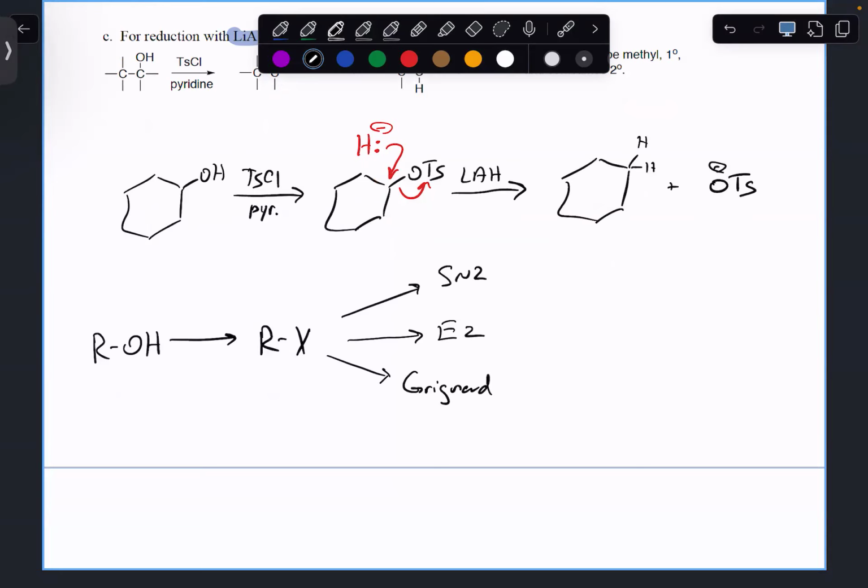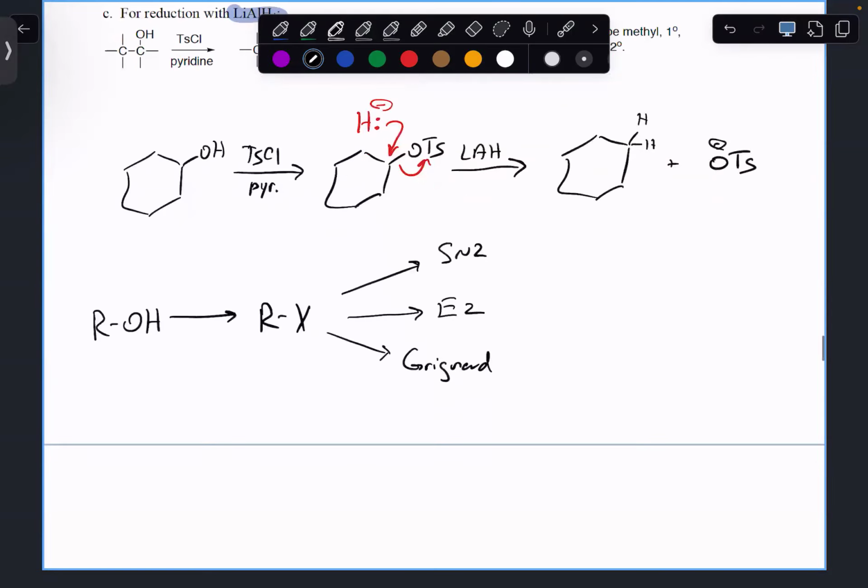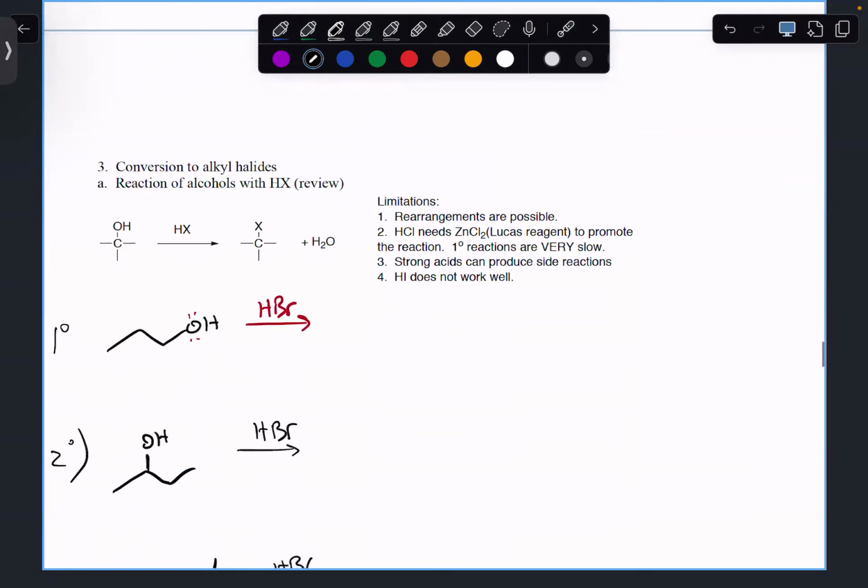Make carbon-carbon bonds with it. So this is something you're going to do a lot. It is certainly one of the reactions you will be carrying on from this semester to the next. So I want to show you a couple of different ways of doing this. First way is just treating the alcohol with HX.